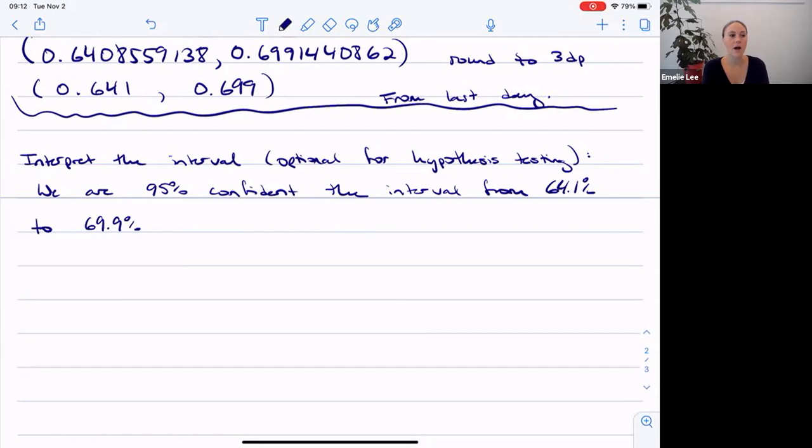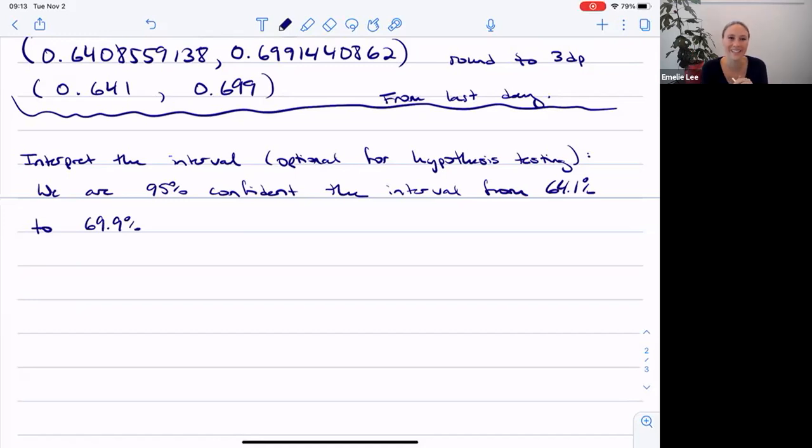The key thing is that the population proportion of Canadian adults who had an RRSP in 2012 exists. We just don't know what it is. So we're trying to figure out where it might be, and that's why we're only 95% confident that it's somewhere in this interval.